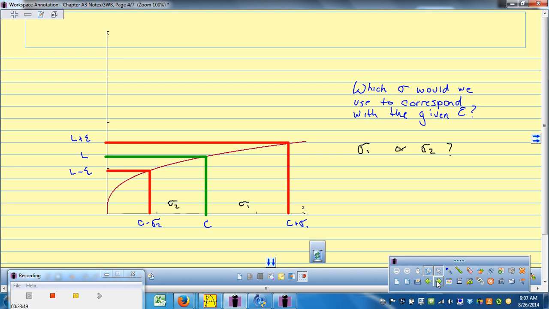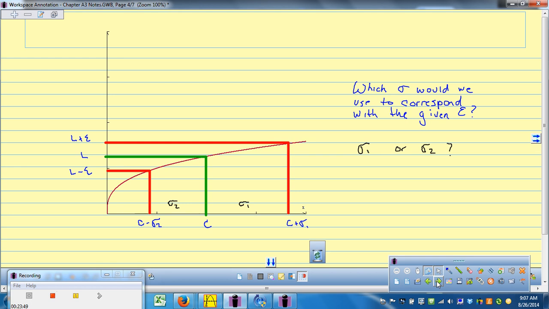Would both of these deltas work? Do they have to work on both sides of our c? No. Why not? Delta 1's too big. So if I chose a distance right here, and tried to use that as my delta on the left side, it would put me over here. If I go up and over, am I in the red zone? No. So which delta do you choose?